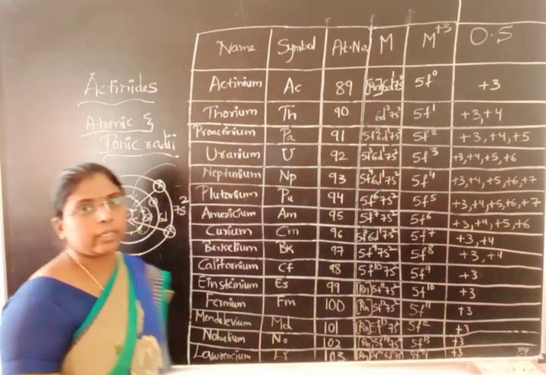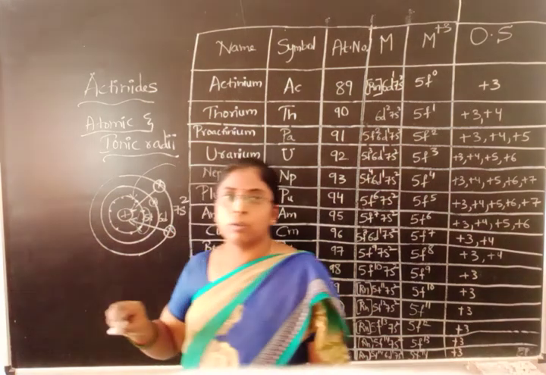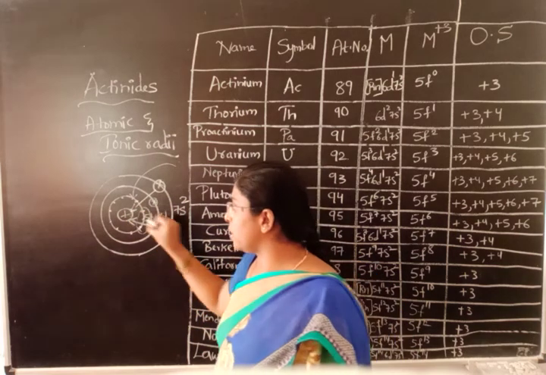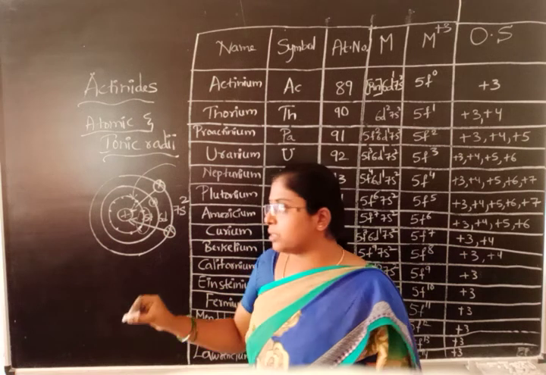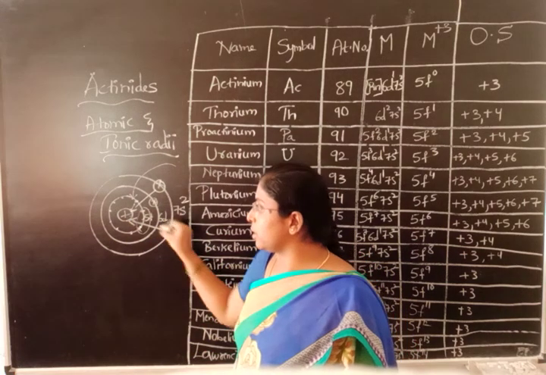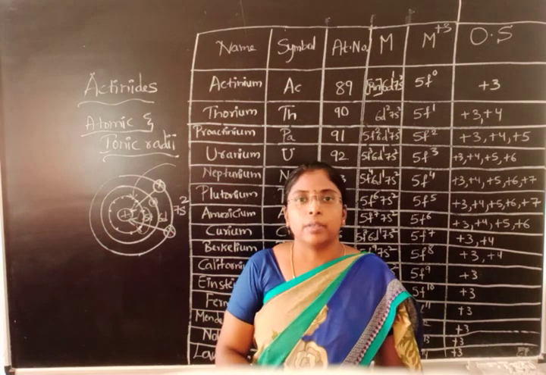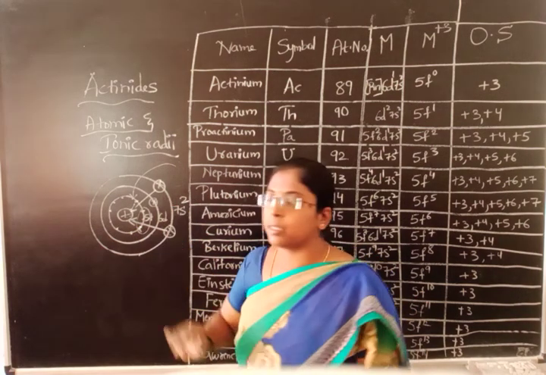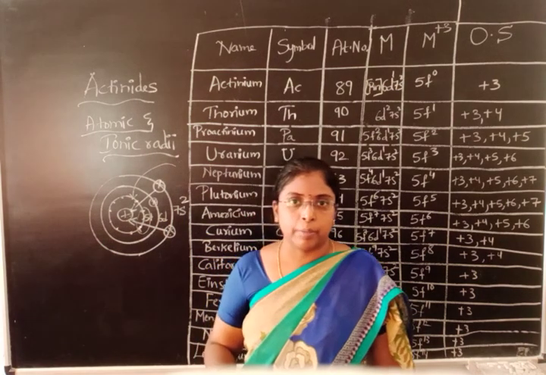There is a greater extent of attraction from the nucleus on the outermost electrons. Effective nuclear charge increases. Because of the poor shielding effect of 5f electrons, there is a regular decrease in the atomic as well as ionic radius in the case of the actinoid elements.